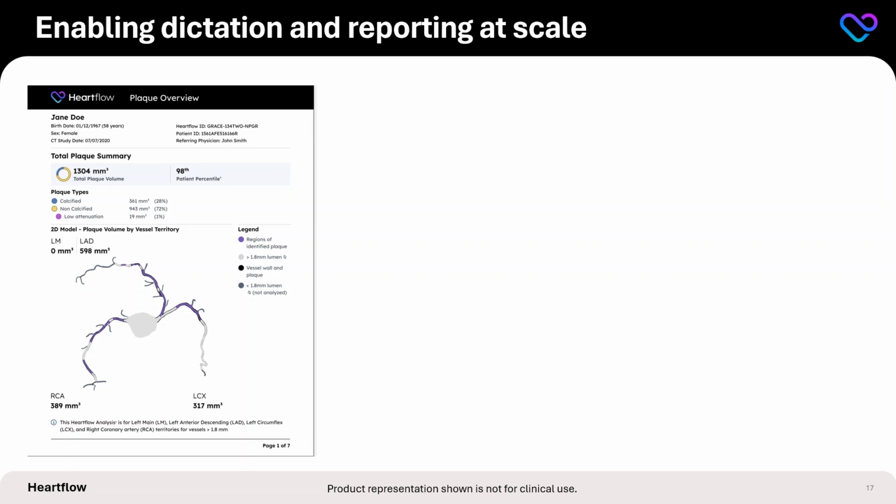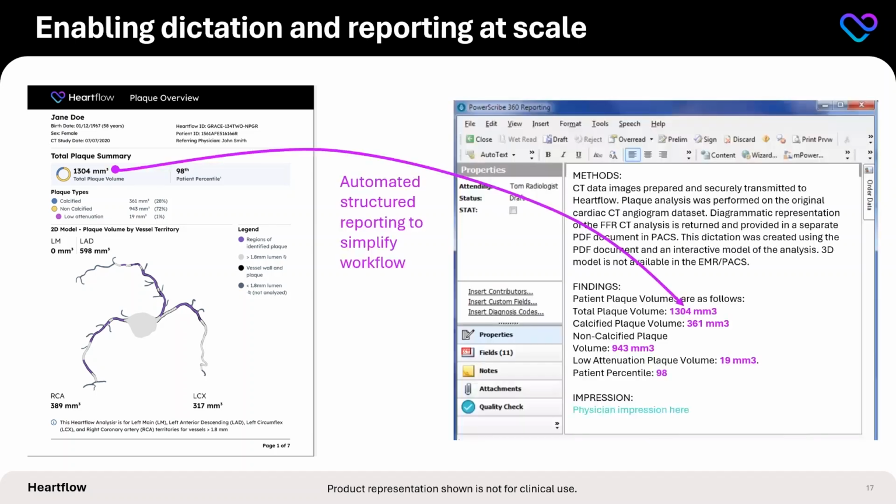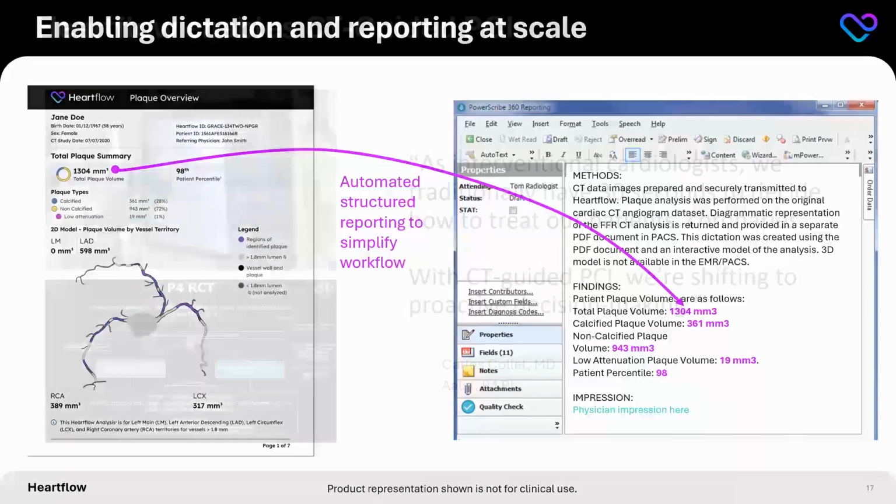We're building technology to take all the values that you can get from Heartflow and populate them directly into your report templates. And I don't mean copying and pasting or anything like that, but really it automatically shows up for you at the time that you need to report. So my hope is that would allow you to spend more time on the images and the clinical insights and understanding what it really means for patients, and less on some of the more mundane aspects of reporting that we can help automate for you.